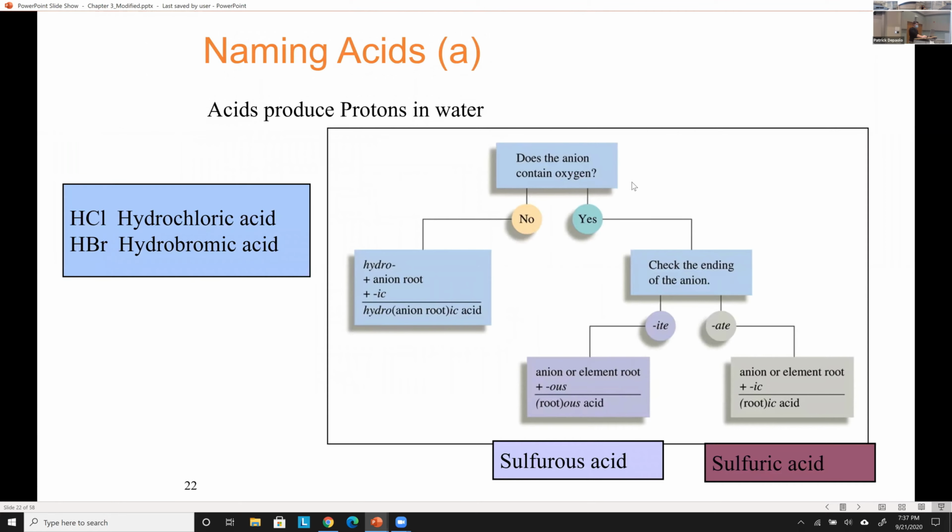Okay, so here's how you name them. This looks difficult, but it's not. Think of hydrogen as now the cation. In order to name it correctly, you need to look at the anion. Does the anion contain oxygen? If the answer is no, then you have to do this. When is the anion going to have O in it?